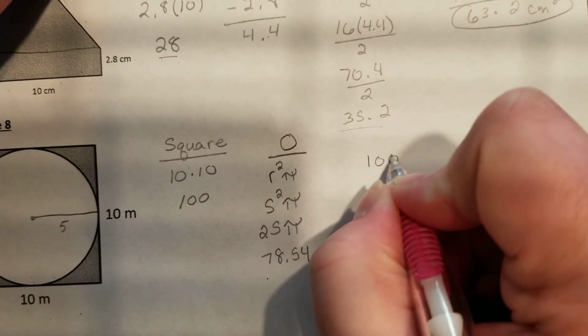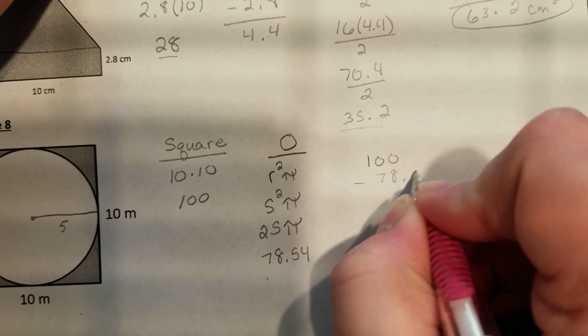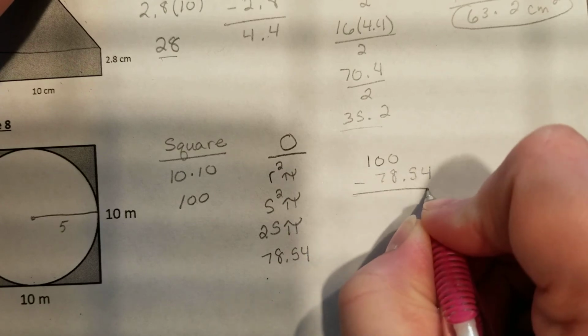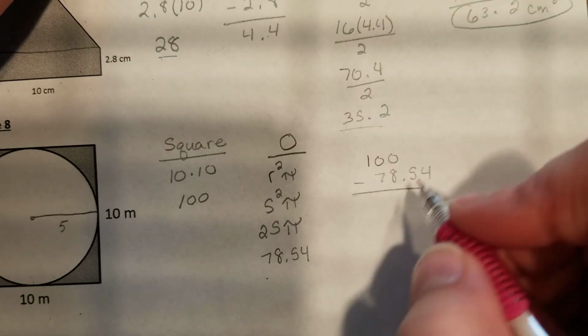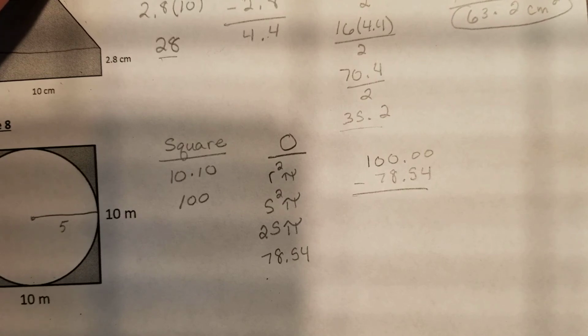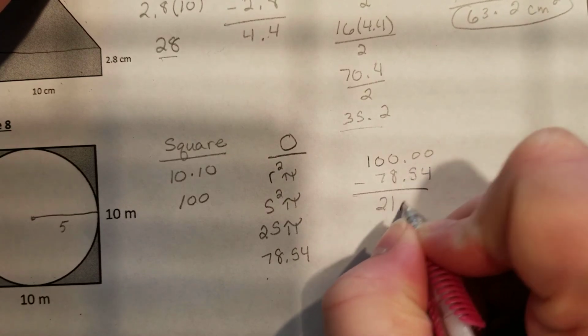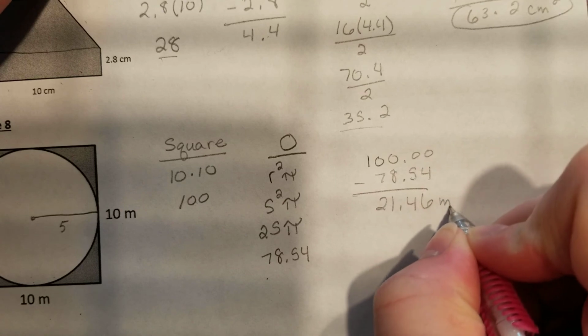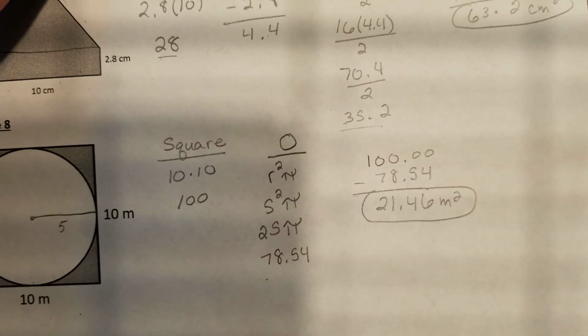So we have 100 minus 78.54. All right, and then just subtract. I'm going to just cheat and use a calculator. It's 21.46 meters squared. And there we go.